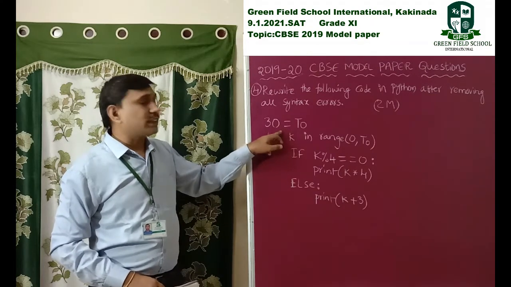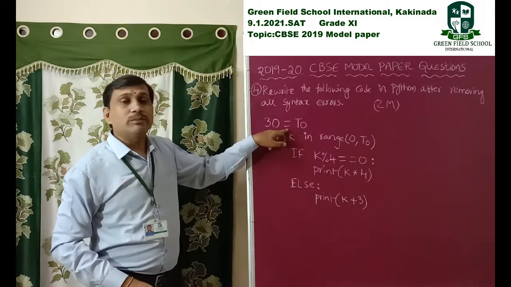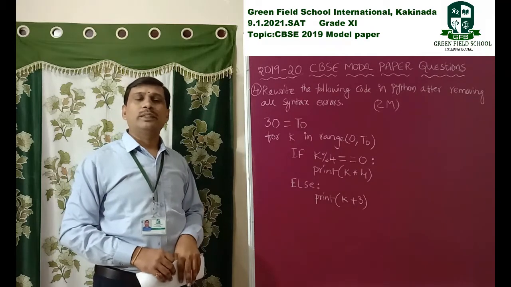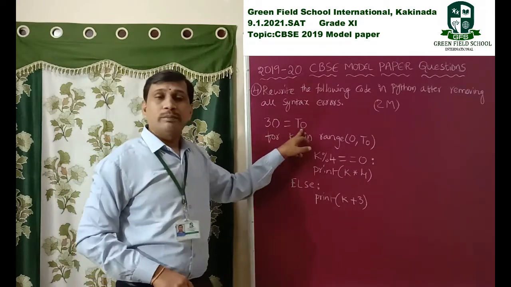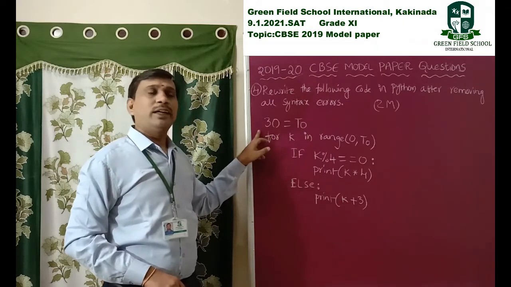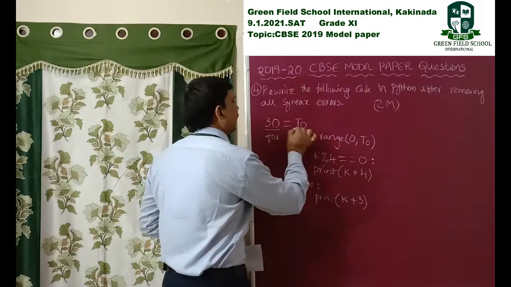When we observe this statement, here a value is there, this is the assignment symbol, and 2 is a variable name. In any assignment operation, the variable name is provided on the left side and the value on the right side. So here one mistake is there.